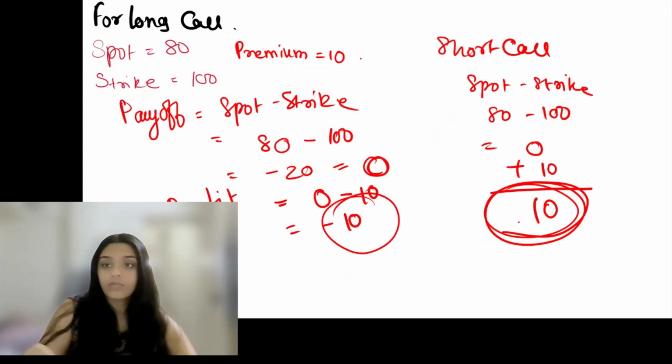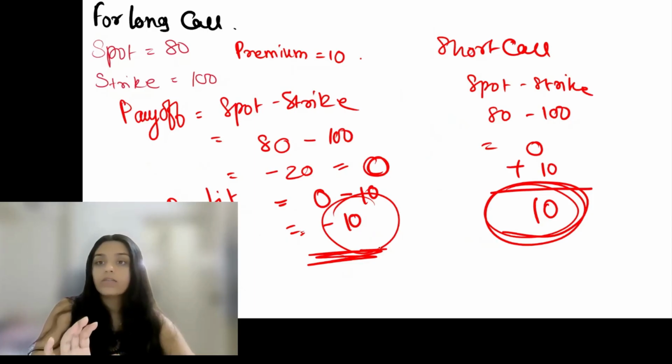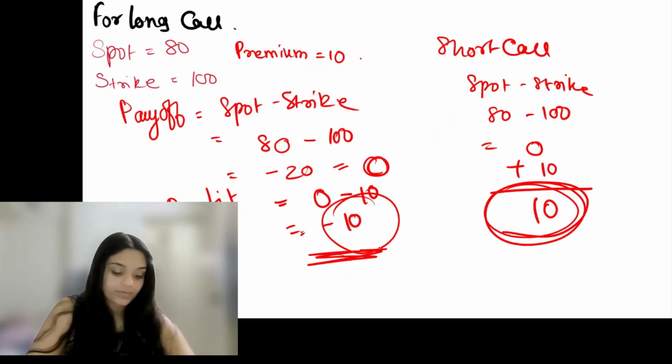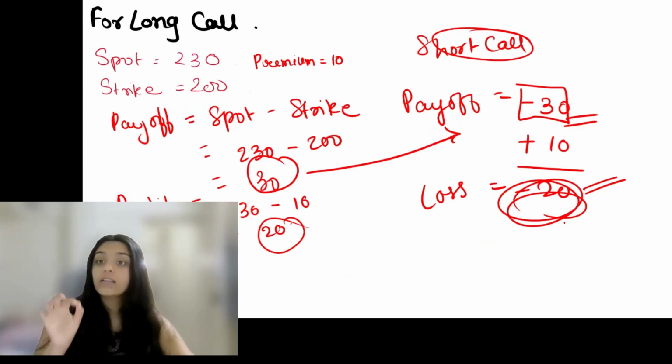From this sum, we understand that the maximum loss a long call holder will bear is the premium he has paid. And for the short call position holder, we understand that the maximum loss is unlimited. It can go to any number.